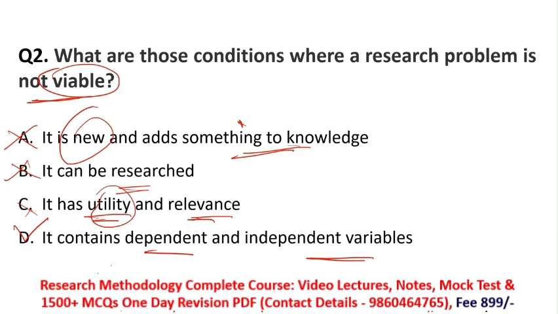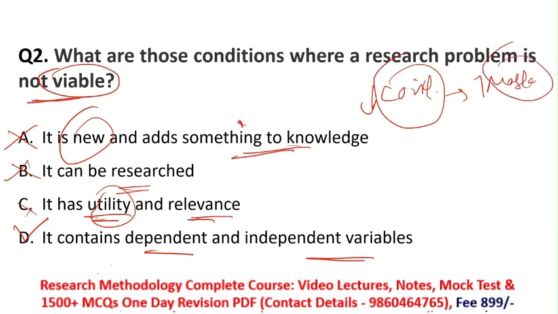For example, if I'm doing research on COVID-19, I'm testing here if I increase the mask quality, will the COVID rate decrease? So COVID-19 is one variable and mask quality is another variable. Mask quality is your independent variable and COVID-19 will be your dependent variable, because I am testing mask quality on COVID.